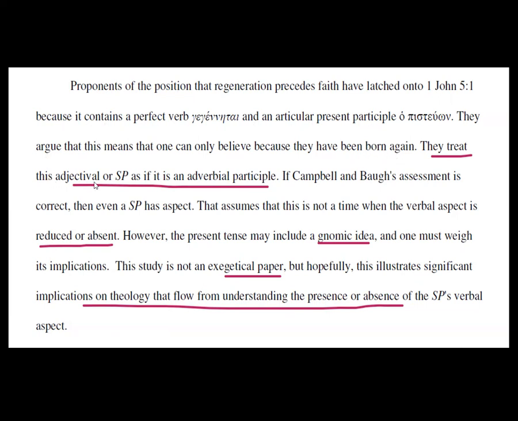They treat this adjectival or substantive participle as if it is an adverbial participle. But if Campbell and Ball's assessment is correct, then even a substantive participle has aspect. That assumes that this is not a time when the verbal aspect is reduced or absent. However, the present tense may include a gnomic idea, and one may weigh its implications.